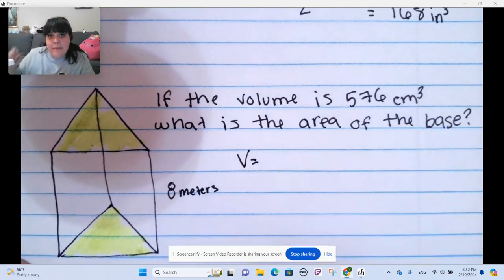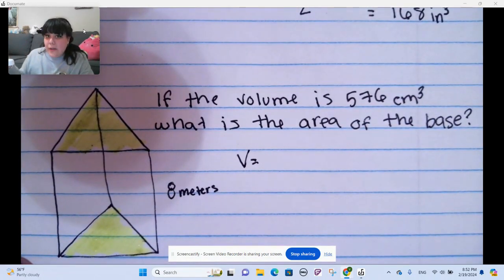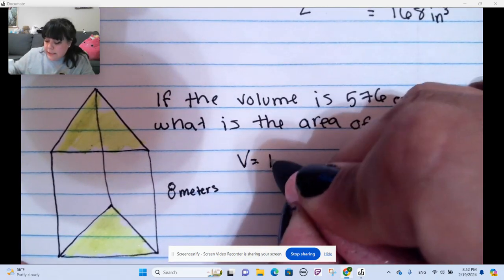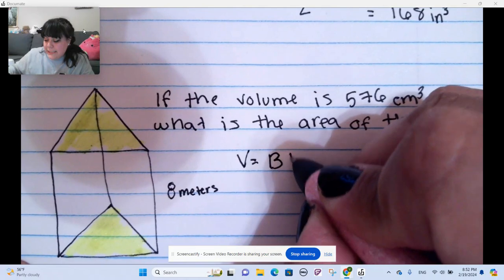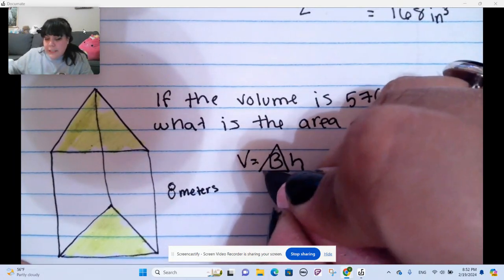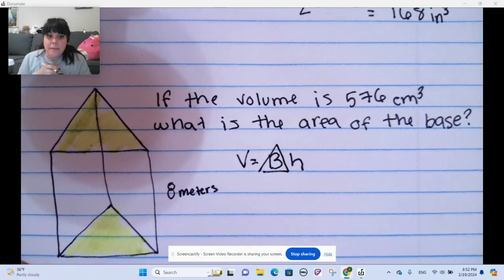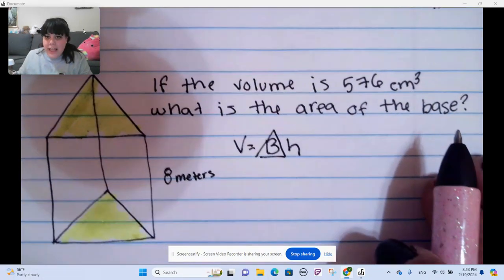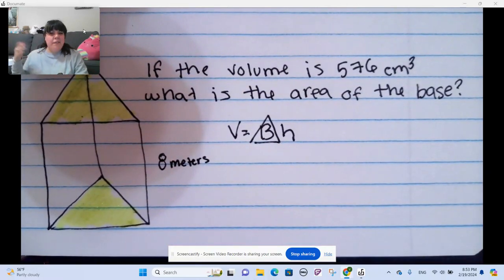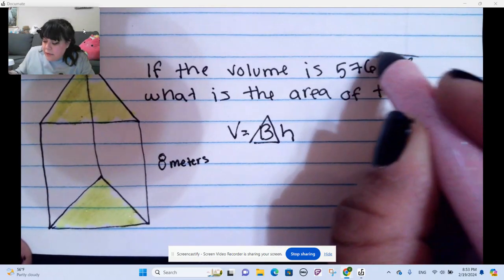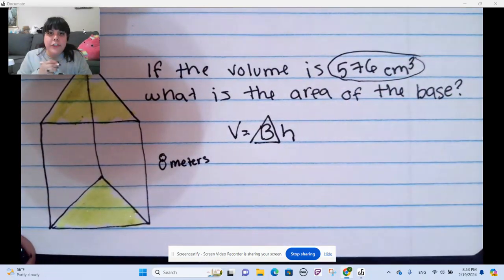First, I'm going to write down my formula so I can know what to look for. So volume equals my area of the base times height. So I'm going to put my B in a triangle. That way my brain matches what I'm trying to do. And I'm going to start filling in everything else that I have. So I know that my volume is 576.